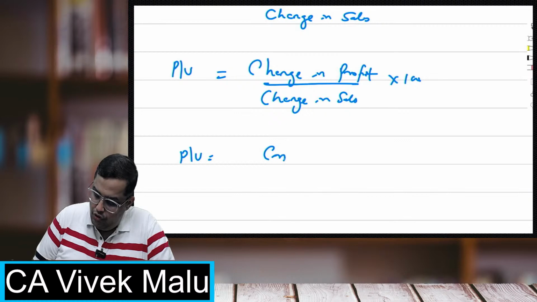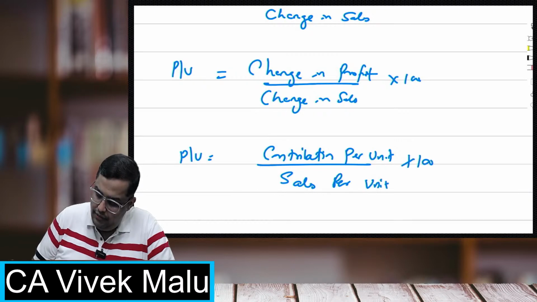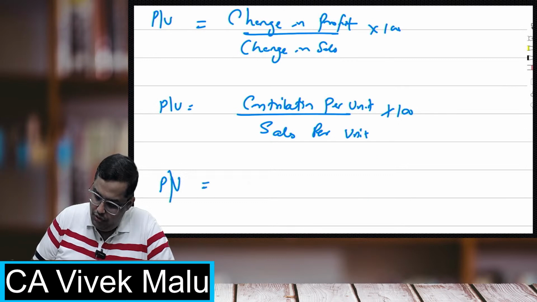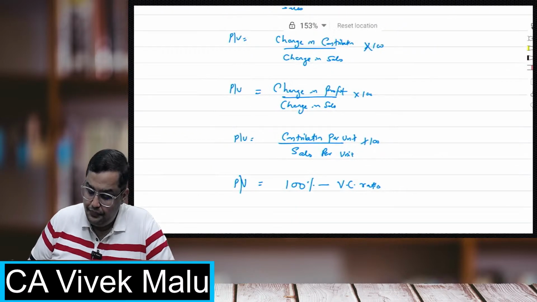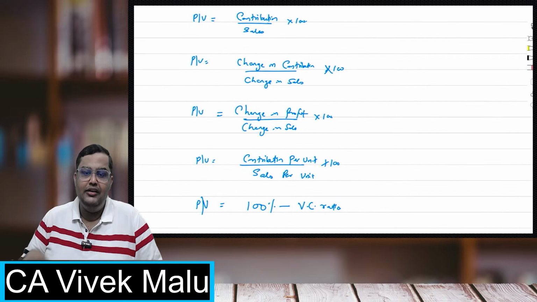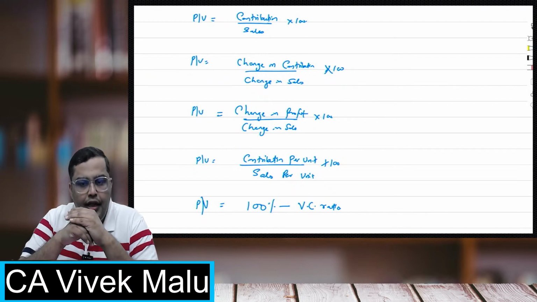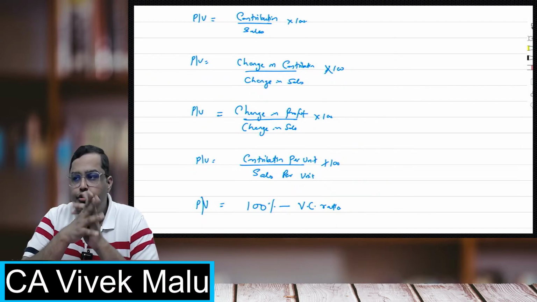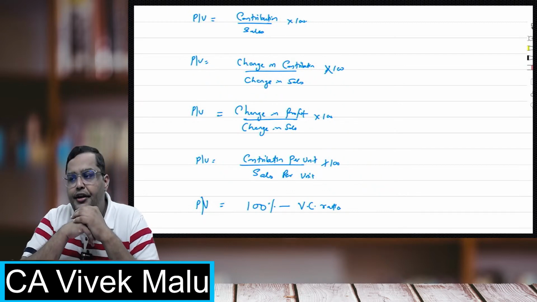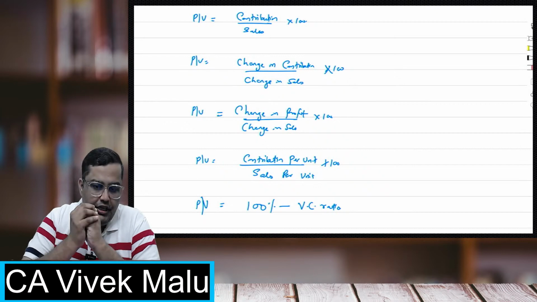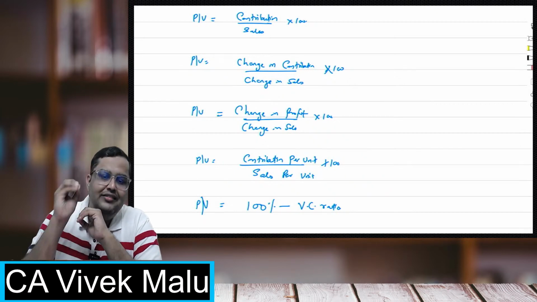Fourth: contribution per unit upon selling price per unit, or sales per unit, into 100. Last: PV ratio is 100% minus variable cost ratio. So these are the 5 different formulas to calculate the profit volume ratio. PV ratio denotes that out of sales, how much is the contribution.